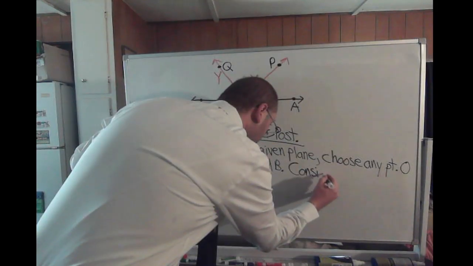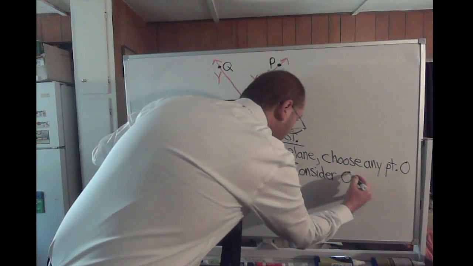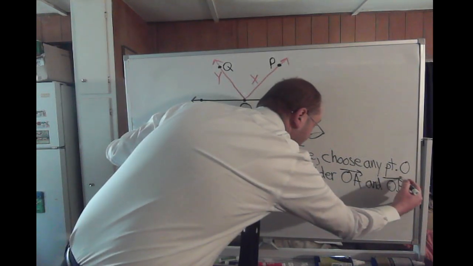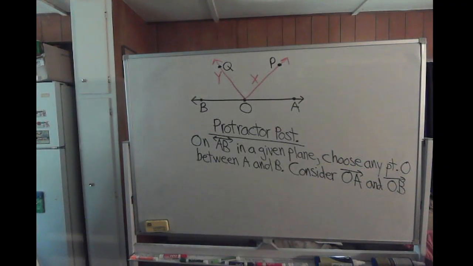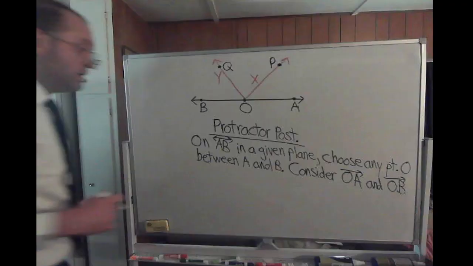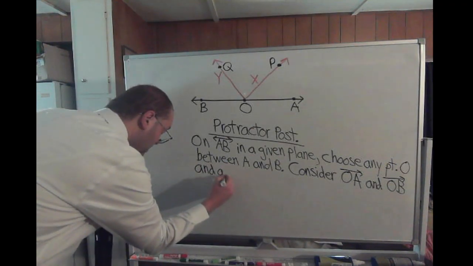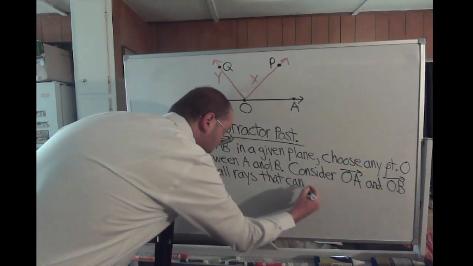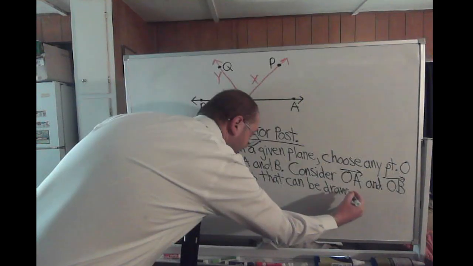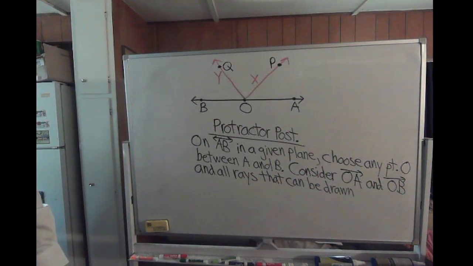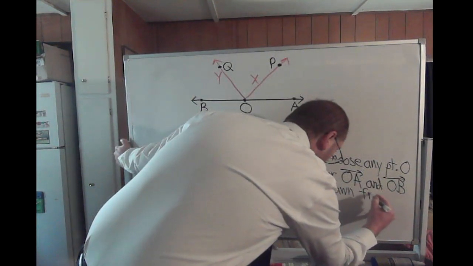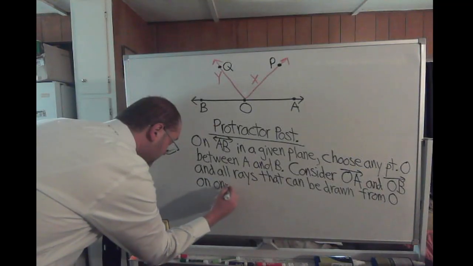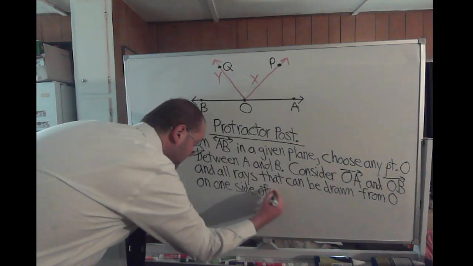Consider ray OA and ray OB and all rays that can be drawn from O on one side of line AB.